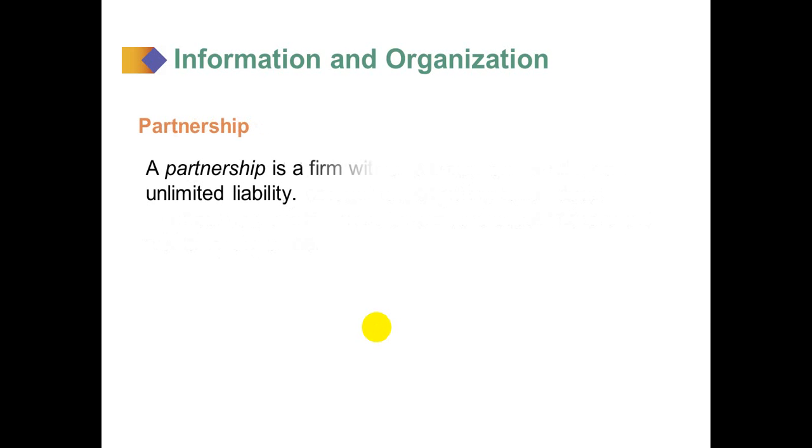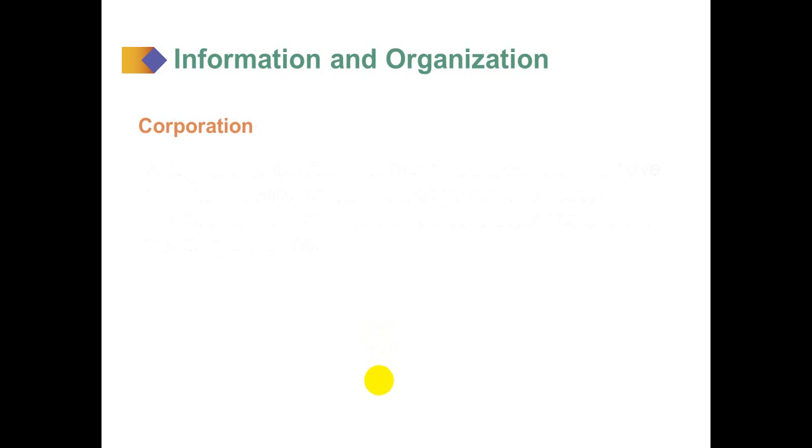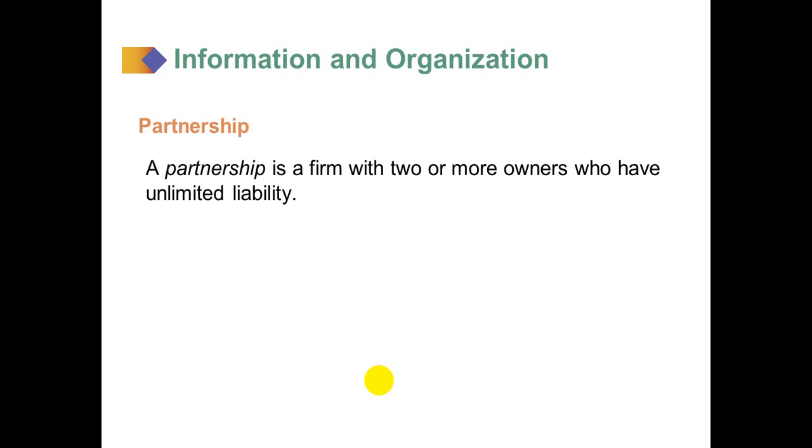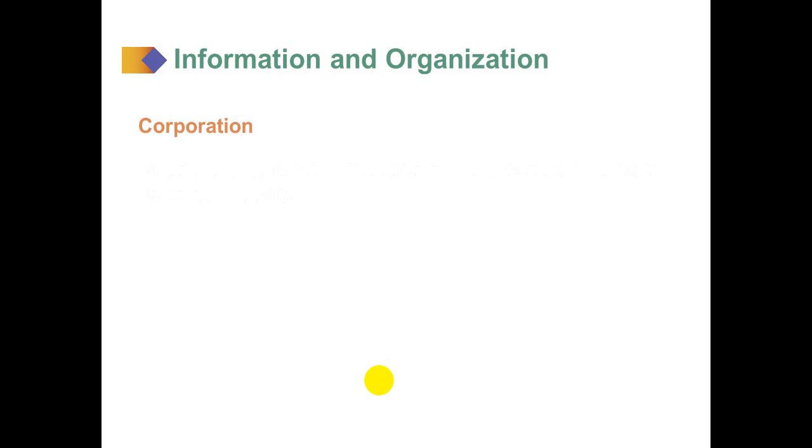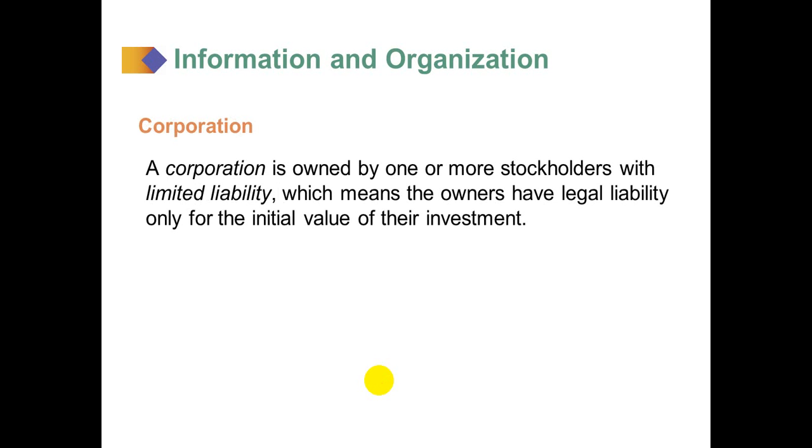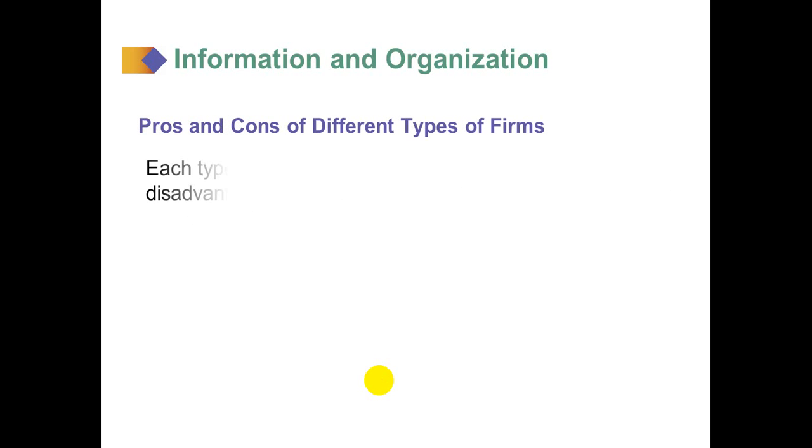While partnership is a firm with 2 or more owners who have unlimited liability. And the third type, corporation, is owned by one or more stockholders with limited liability, which means the owners have legal liability only for the initial value of their investment.